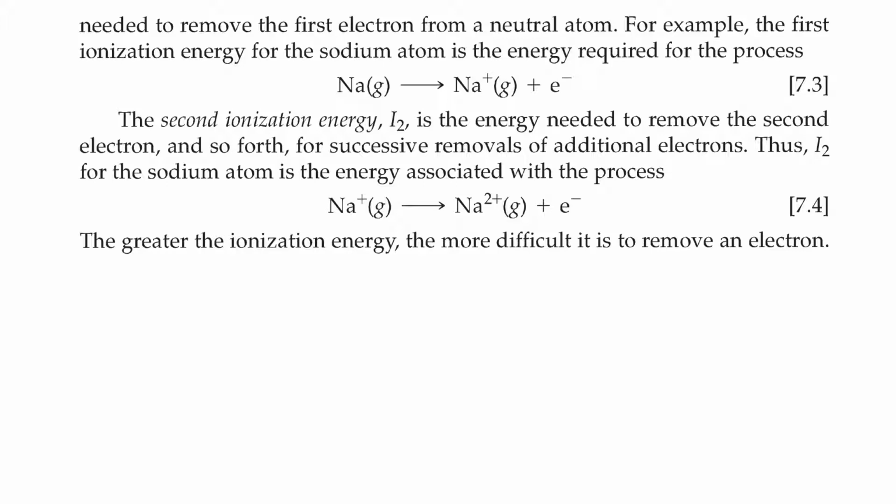The second ionization energy, I2, is the energy needed to remove the second electron, and so forth, for successive removals of additional electrons. Thus, I2 for the sodium atom is the energy associated with turning sodium cation into Na2+ plus an electron. The greater the ionization energy, the more difficult it is to remove an electron.